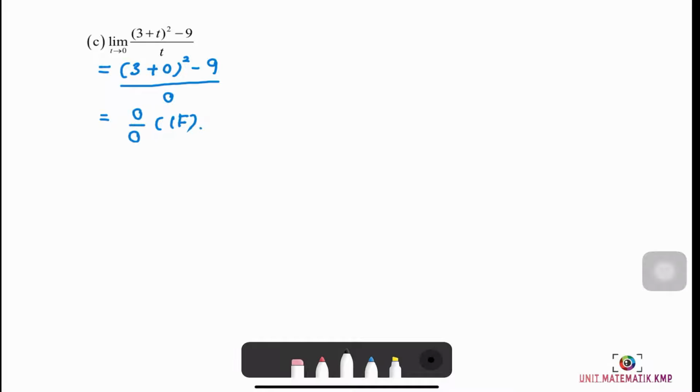So we will have the limit of 9 plus 6t plus t squared minus 9, over t when t approaches 0.